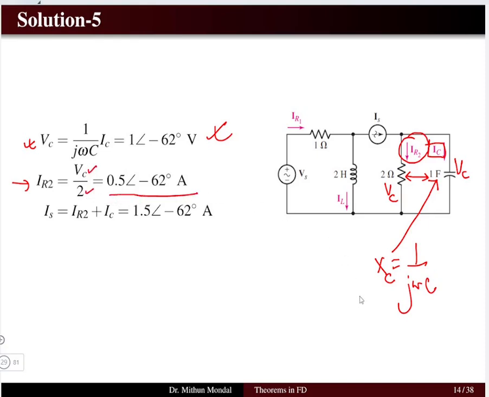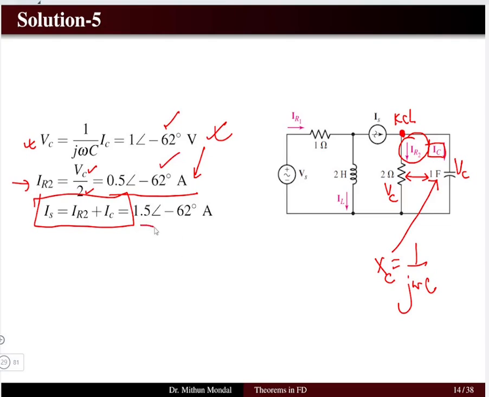Now we can apply Kirchhoff's current law, KCL, at this particular node. So the current IS is equal to IR2 plus IC. Now see, all these have magnitude as well as direction, so we have to solve taking the appropriate sign convention, otherwise there will be a mistake.